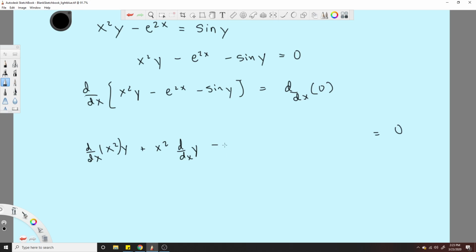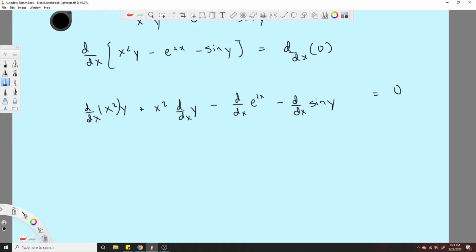Okay, minus the derivative with respect to x of, well, I'll just draw them all out. Maybe that makes it easier. e to 2x, and then the derivative with respect to x of sine y. So the derivative with respect to x of x squared would be 2x y, right? Plus x squared.